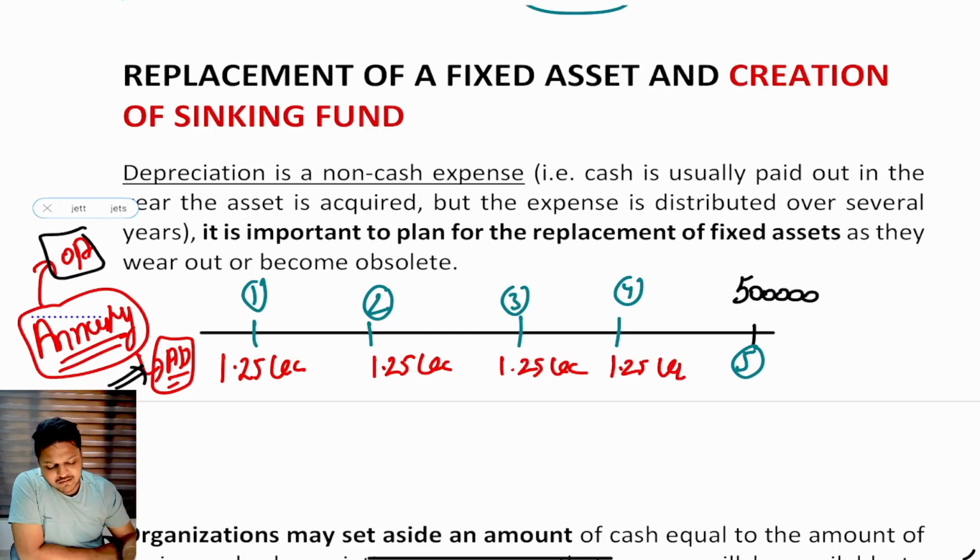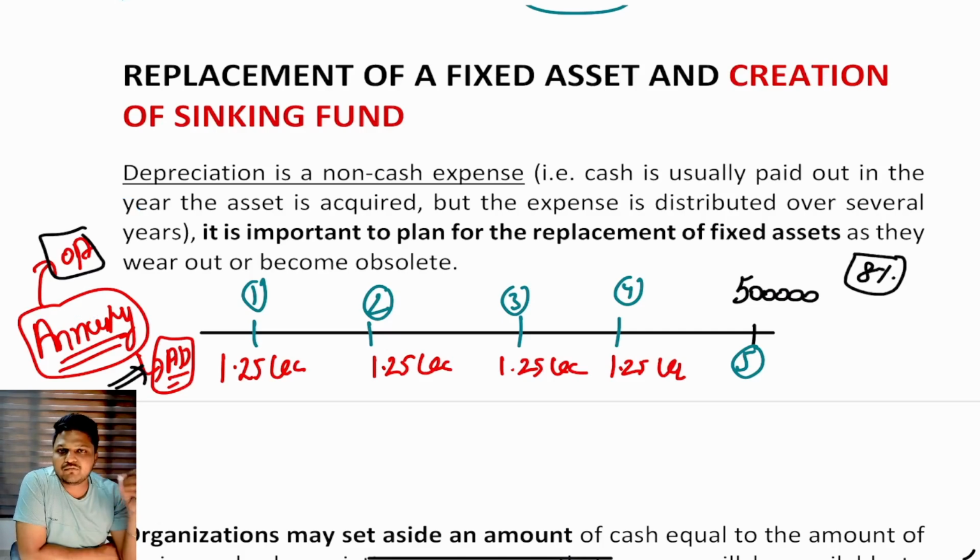Let's say in this case, we are assuming we are getting 8% return. So I'm keeping aside 1.25 lakh, a fixed amount every year, right? So this is forming an annuity.